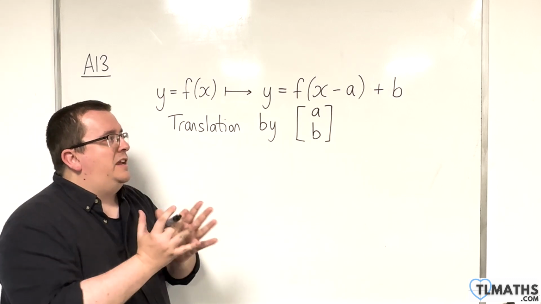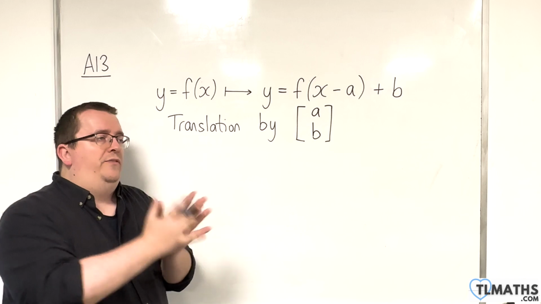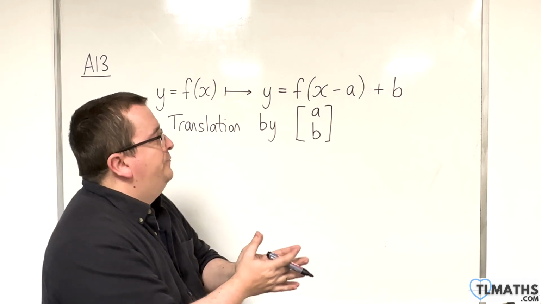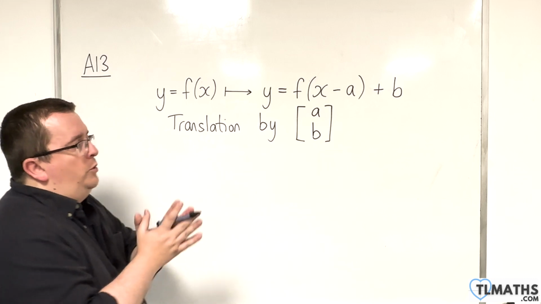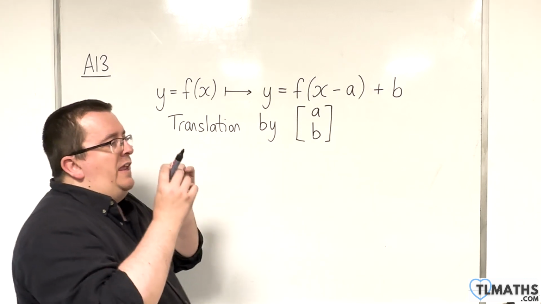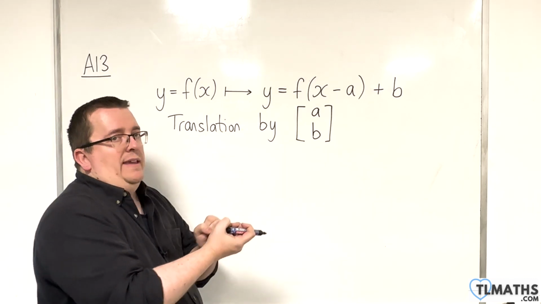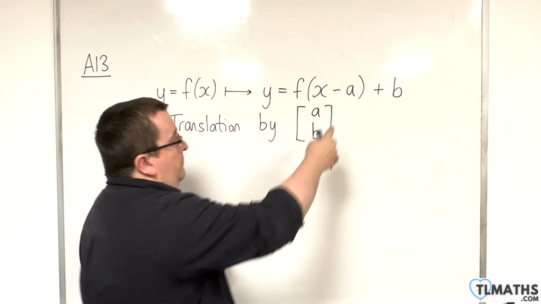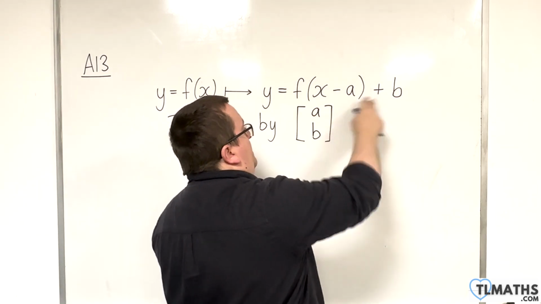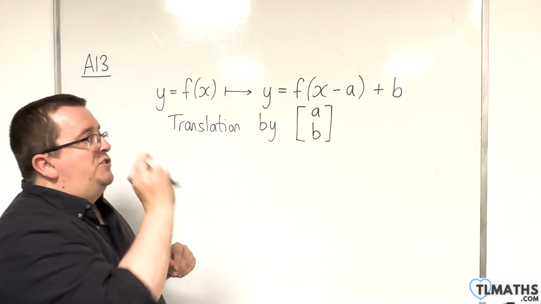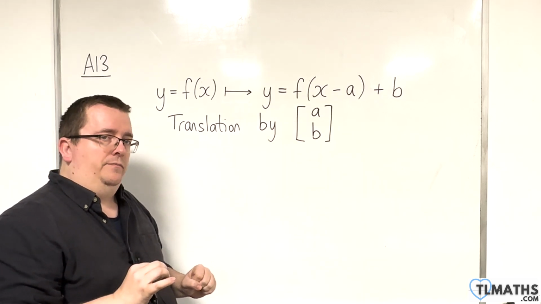If you have met completing the square by this point, we've certainly done it in the videos so far, then when you complete the square of a quadratic, the number inside the bracket changes sign. The one outside stays the same. And this is precisely the same thing that you're seeing here.